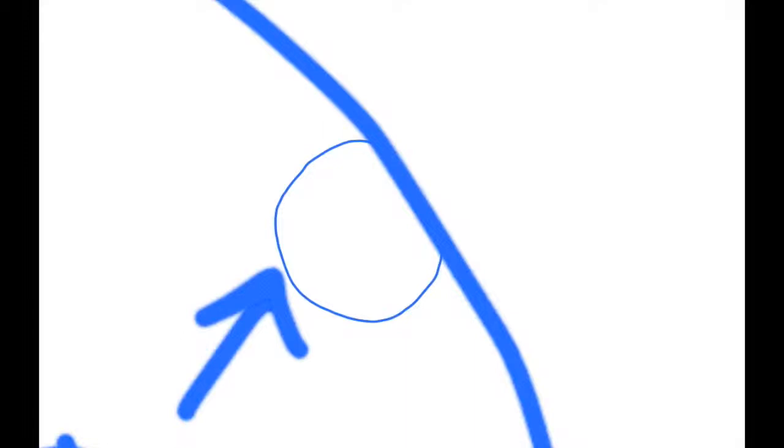The membrane then disappears. Okay, it's not that it's disappearing, it's just combining with the vesicle, and then we can have our contents released.